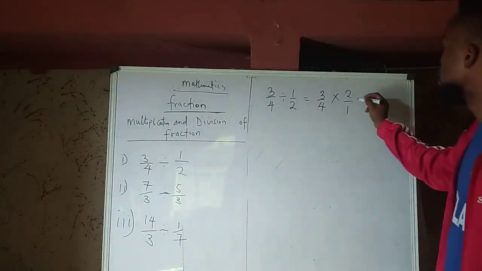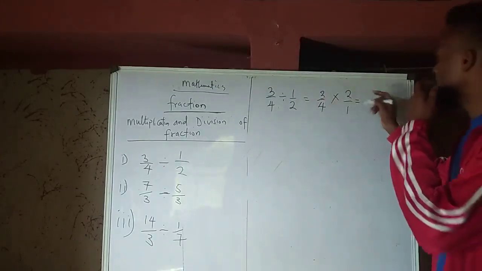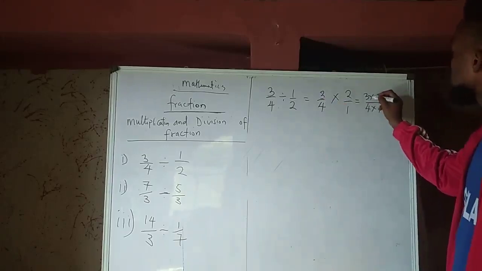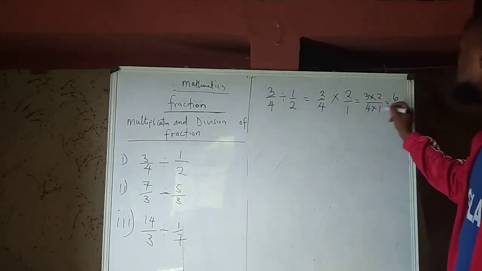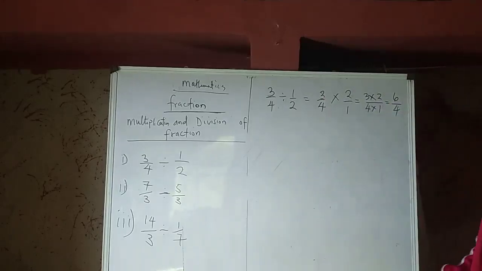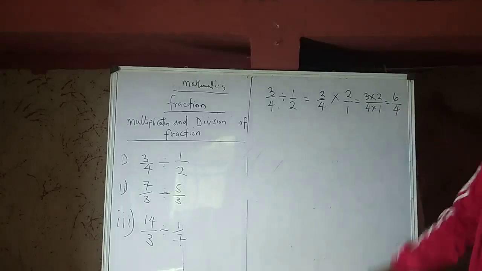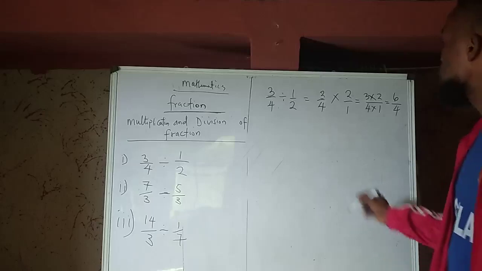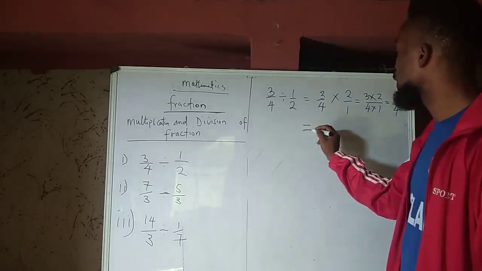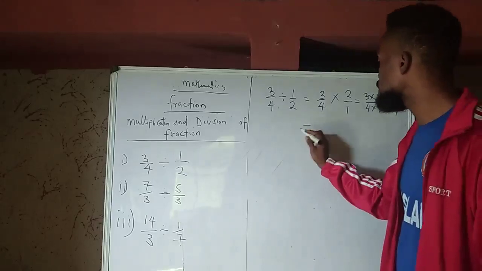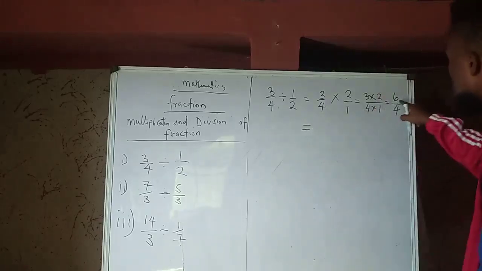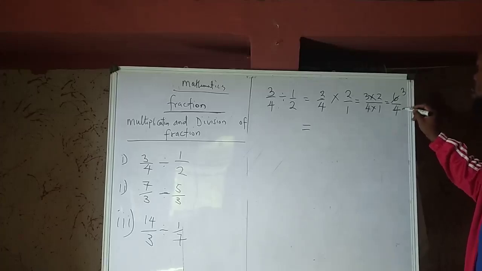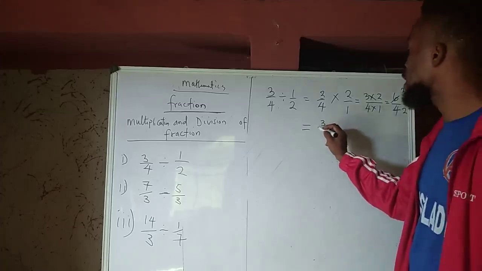Once that is done, I can now go ahead and say 3 times 2 over 4 times 1, which gives me 3 times 2 is 6, 4 times 1 is 4. But you see, this fraction can be reduced. 2 can go here, 3. 2 can go here, 2. So we are going to have 3 over 2.